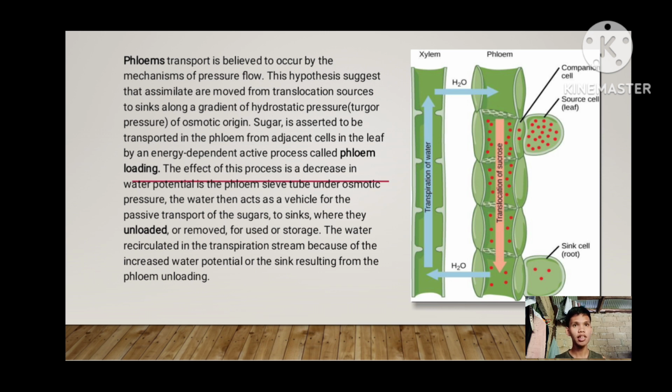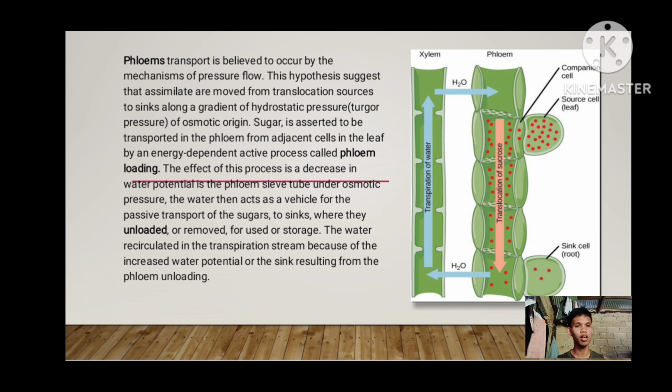This hypothesis suggests that assimilates are moved from translocation sources to sinks along a gradient of hydrostatic pressure of osmotic origin. Sugar is asserted to be transported in the phloem from adjacent cells in the leaf by an energy-dependent active process called phloem loading.